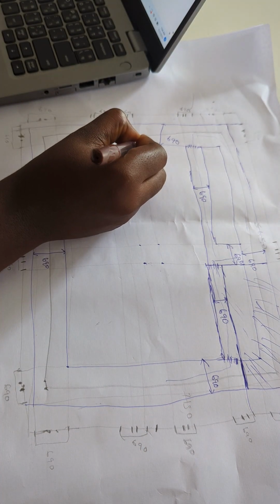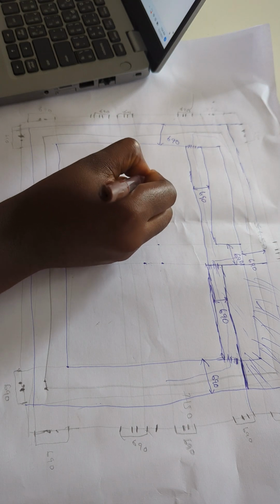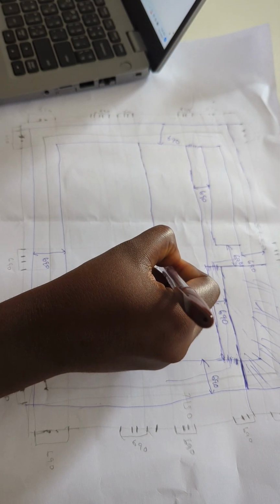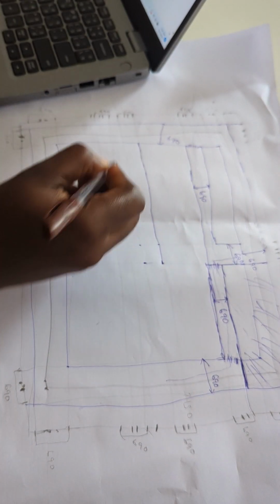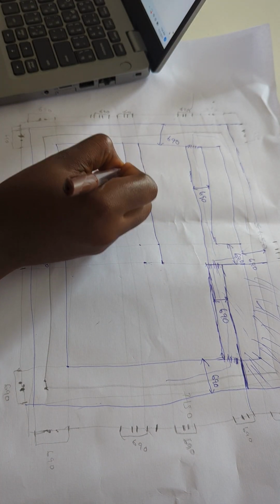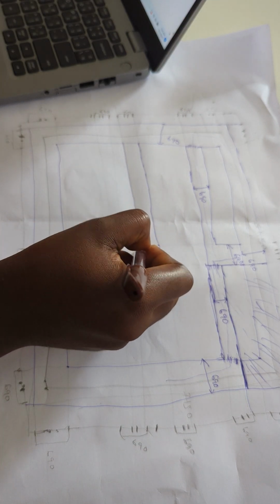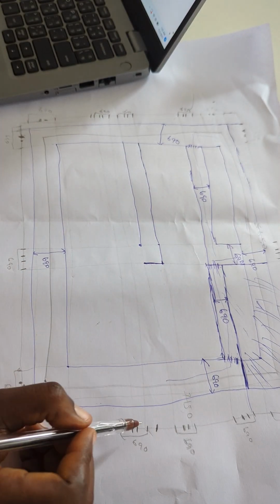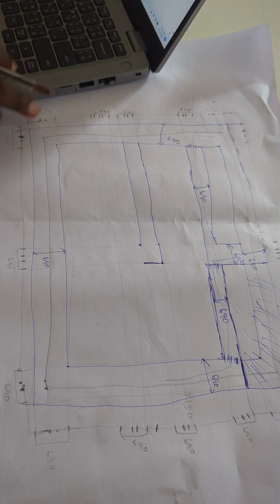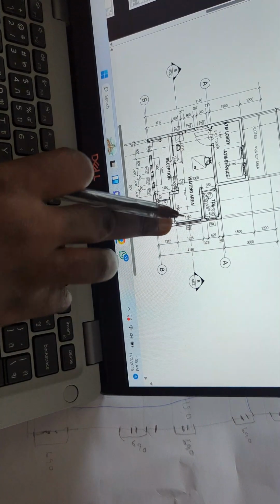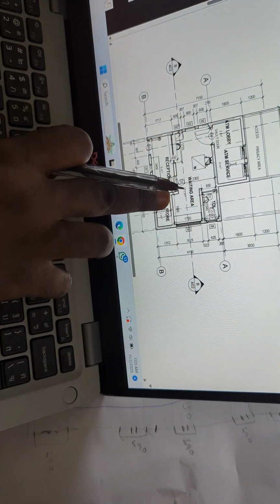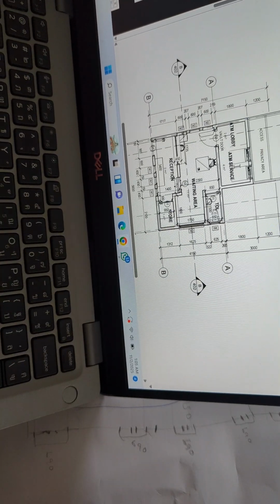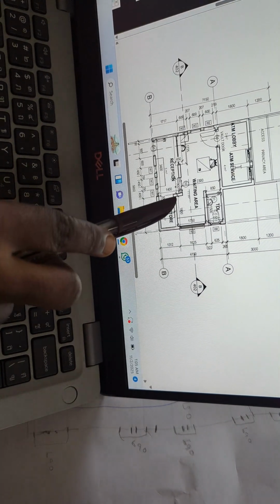Okay? So it's going to end here. What that means is you are going to draw this line like this. Okay? And then you're going to draw this one to meet here. All right. So this is going to come down a little. Don't forget that the other line, which is this one here, 1312, as you can see.